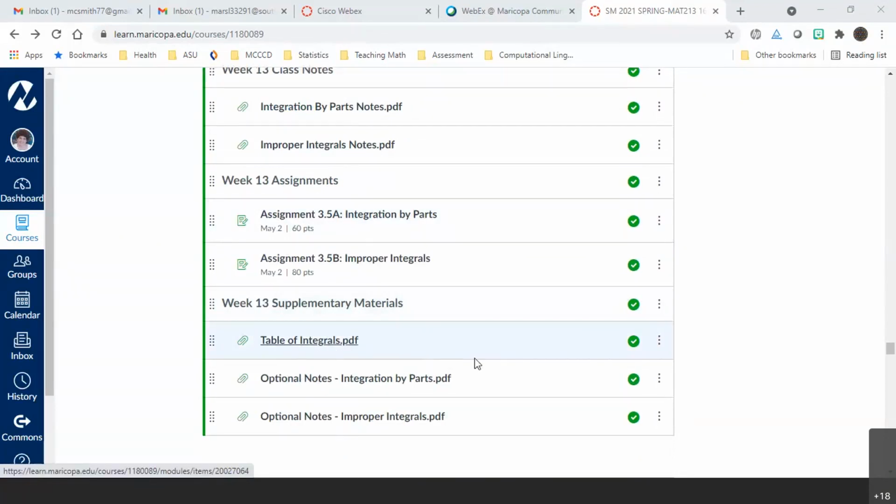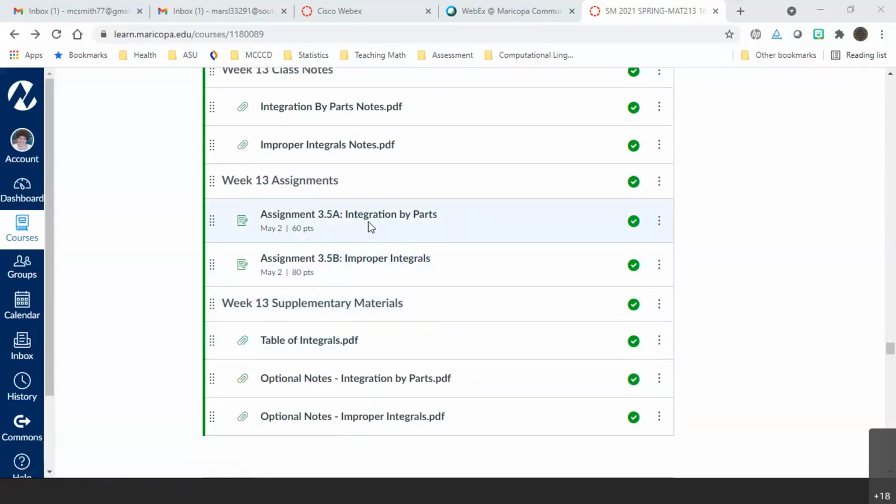Most multi-semester calculus books, like the big ones, typically have tables of integrals in the back or the front. We don't have a massive textbook, so I put the table of integrals here, and it's also in your online notes and calculators module later on in the course.